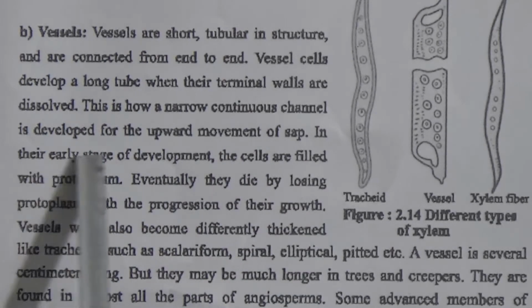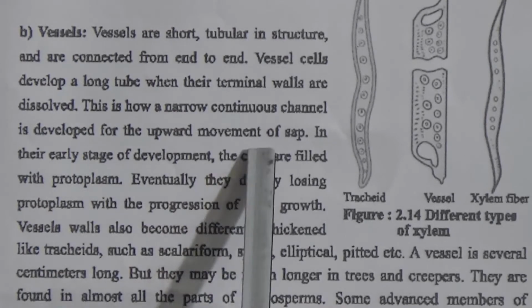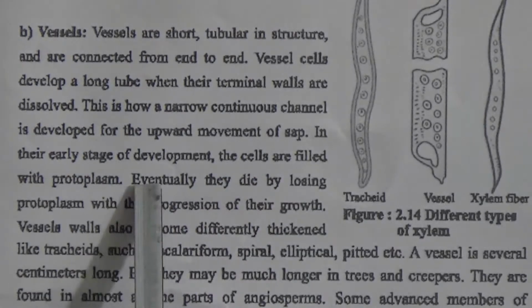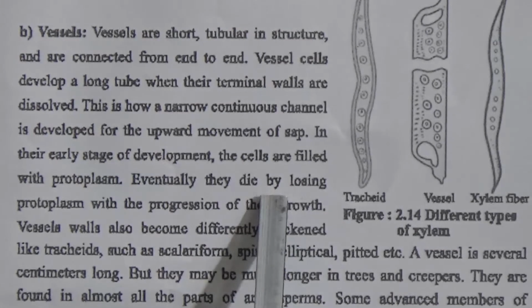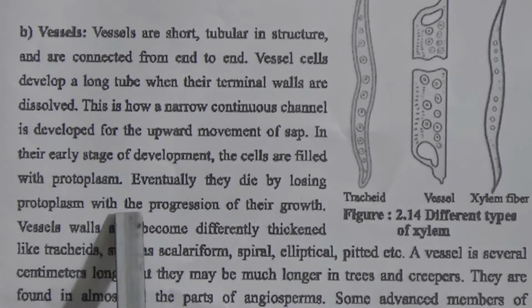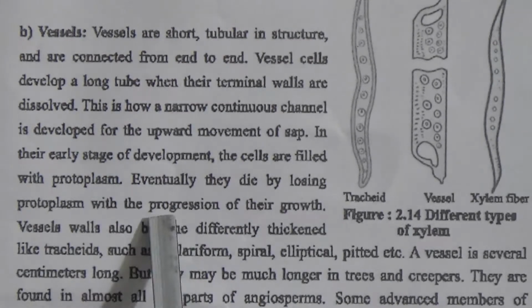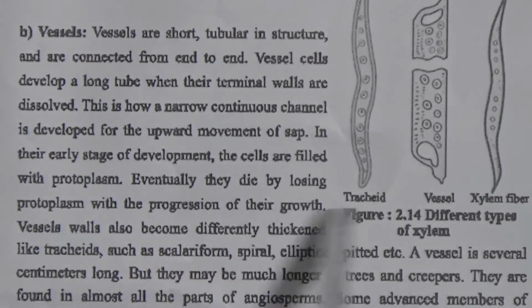In their early stage of development, the cells are filled with protoplasm. Eventually, they die by losing protoplasm with the progression of their growth.